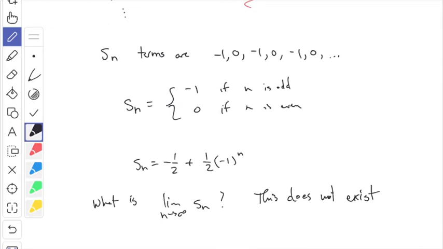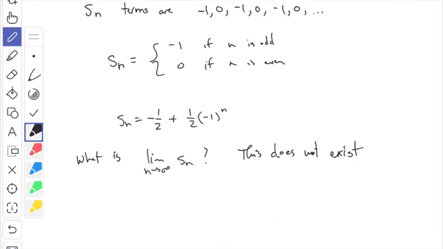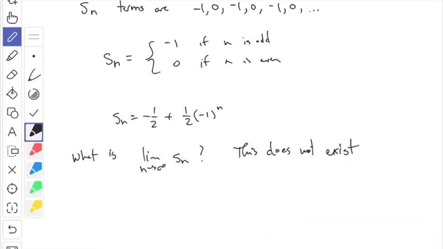That sequence does not have a limit because it doesn't approach a particular value as you go down the list. It just bounces back between two values. And so that means the sum of the an, this of course equals the limit of the Sn, this diverges, right? It does not converge to any particular number.